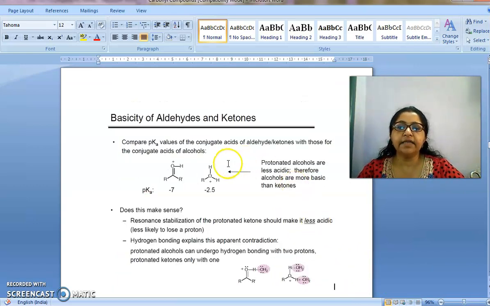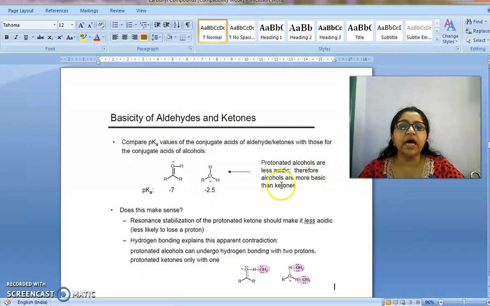Basicity of aldehydes and ketones. Just see here, we are comparing the conjugate acid of aldehydes and ketones with the conjugate acid of an alcohol. We are comparing both. So this one has a pKa of -7 and this one a pKa of -2.5.